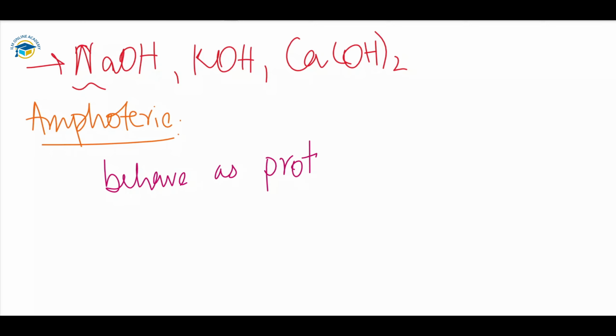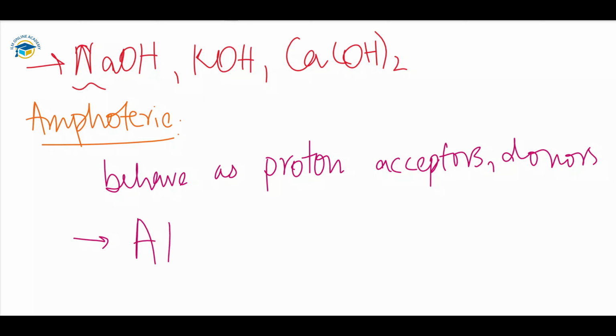It means they act as a base sometimes, and sometimes they act as an acid. For example, we have aluminium oxide, Al2O3, that sometimes accepts protons and sometimes donates protons. And we have zinc oxide.